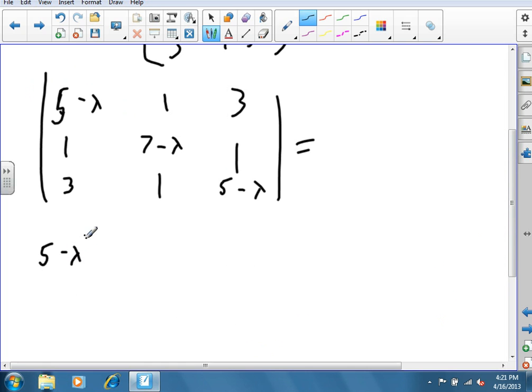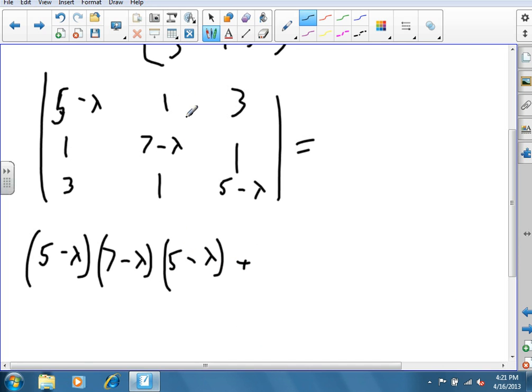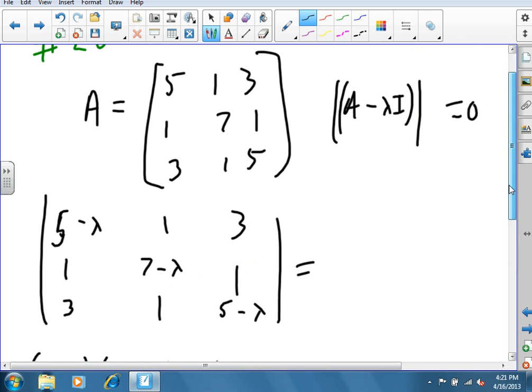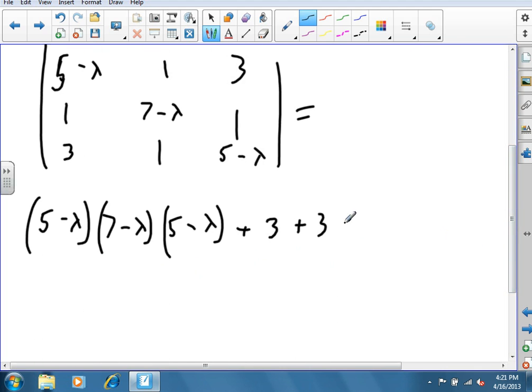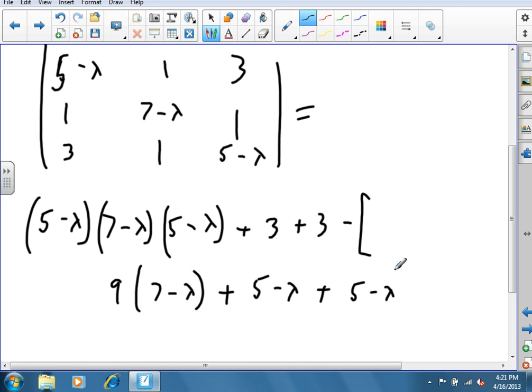5 minus lambda, 7 minus lambda, 5 minus lambda, plus 3, plus 3. That's all. Minus, in parentheses, 9, 7 minus lambda, plus 5 minus lambda, plus 5 minus lambda, close parentheses.